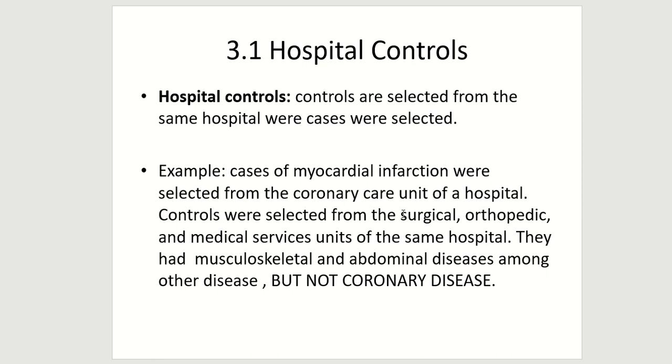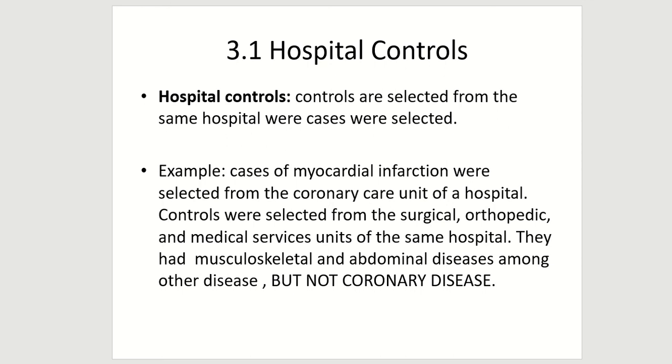Controls were selected from the surgical, orthopedic, and medical service units of the same hospital. They had musculoskeletal and abdominal diseases, among other diseases, but not coronary disease. It's totally fine. Controls, by the way, do not have to be healthy. All that is important is that they do not have the outcome of interest.